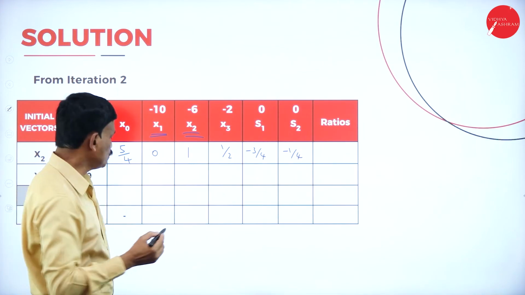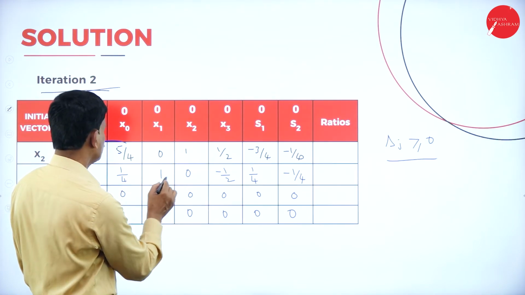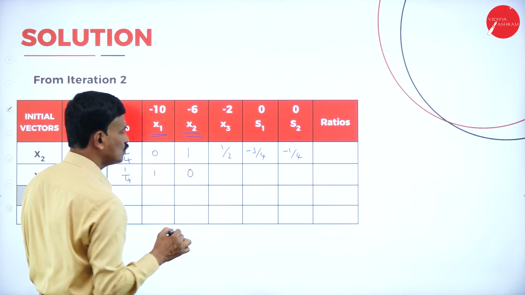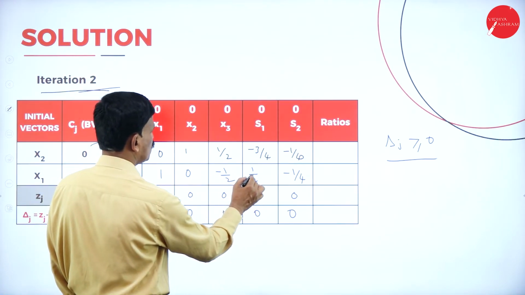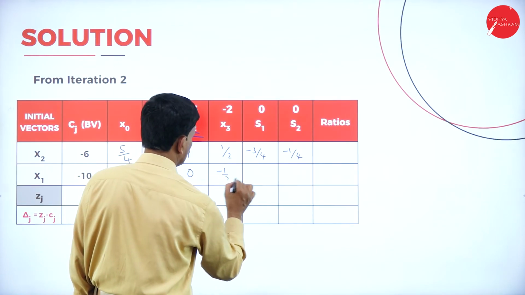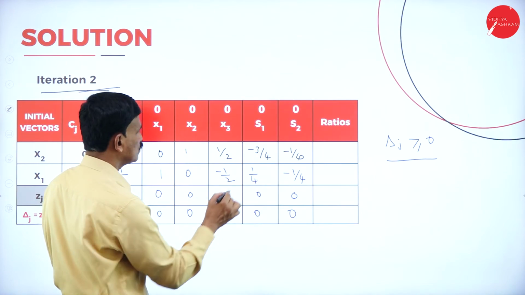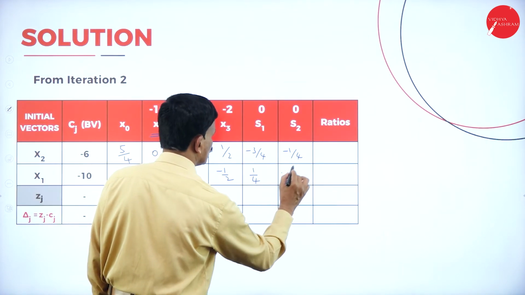For the second row, the values are 1 by 4, 1, 0, and minus 1 by 2 plus 1 by 4, that is minus 1 by 4, and plus 1 by 4, that is minus 1 by 4.